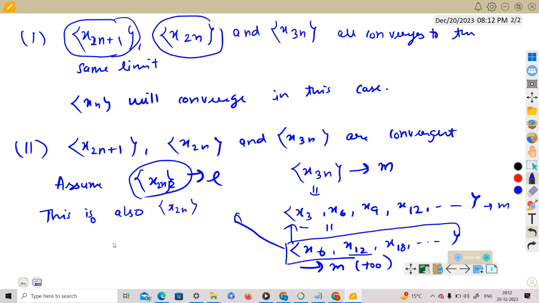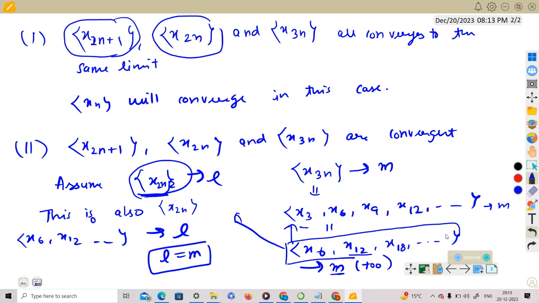So this sequence x6, x12 and so on also converges to L because it is a subsequence of x2n, and it converges to M. As the limit of a sequence is unique, L is equal to M. So we have shown that x2n converges to L and x3n also converges to L.